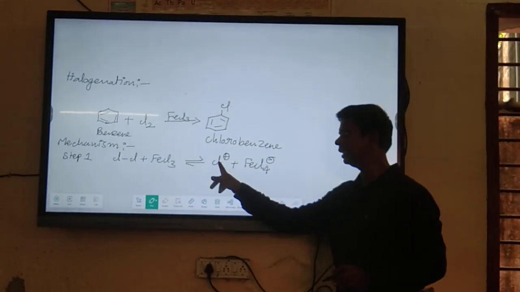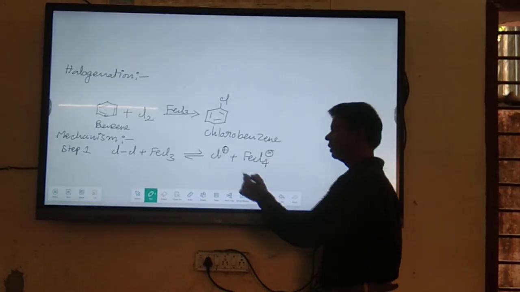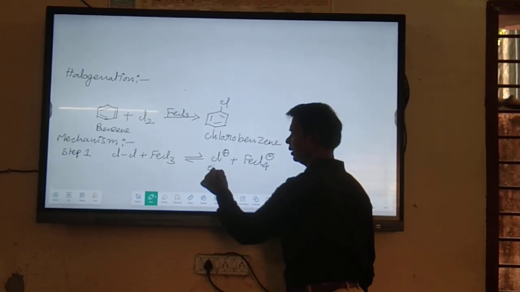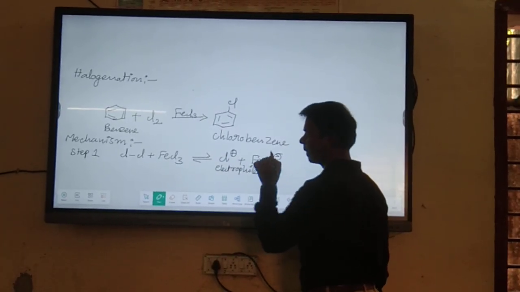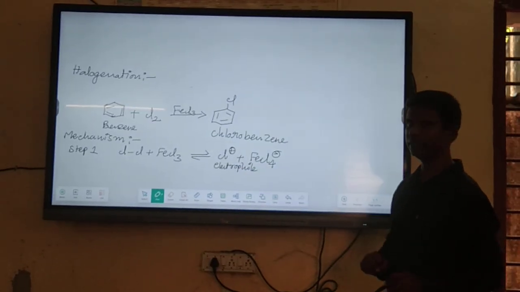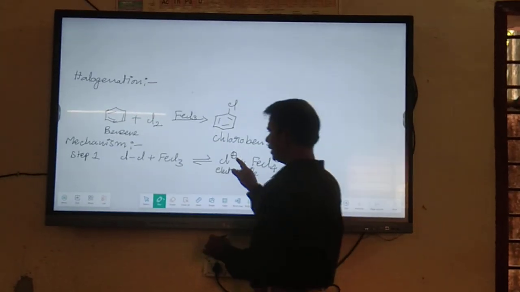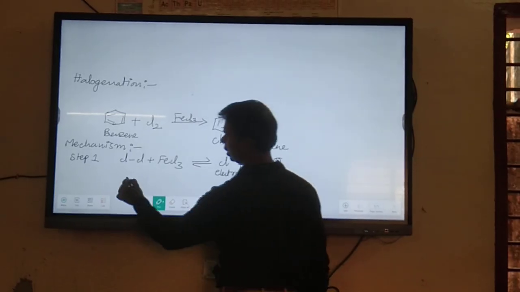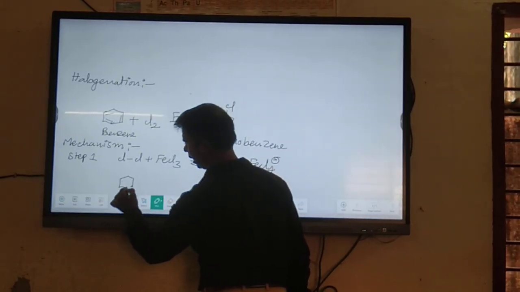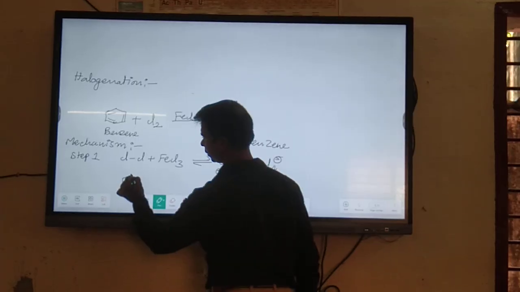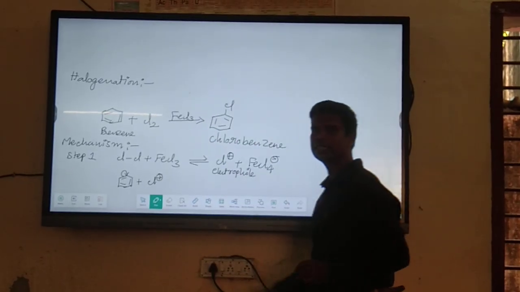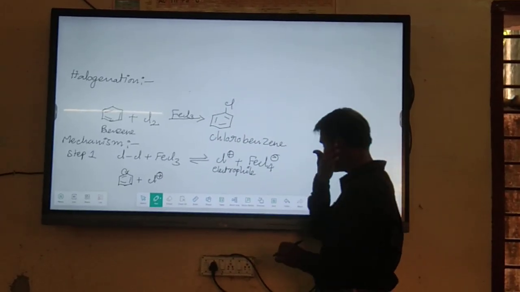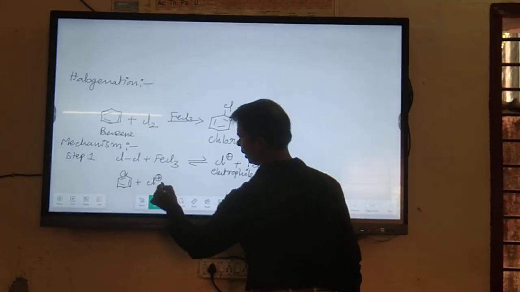Here Cl plus is the electrophile. Understand? Cl plus is the electrophile. Now this Cl plus undergoes electrophilic substitution, as we have discussed in the mechanism in the previous reaction. The same thing happens here.